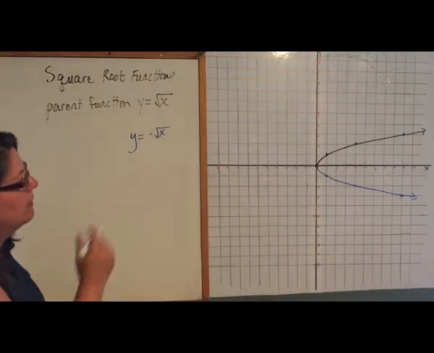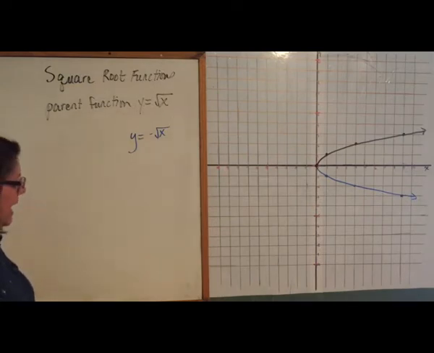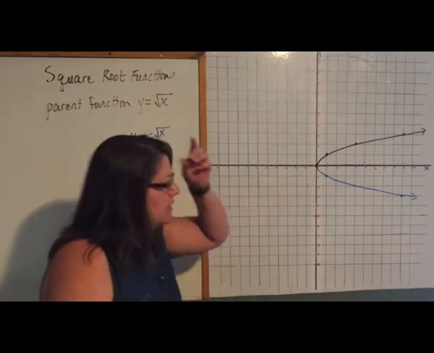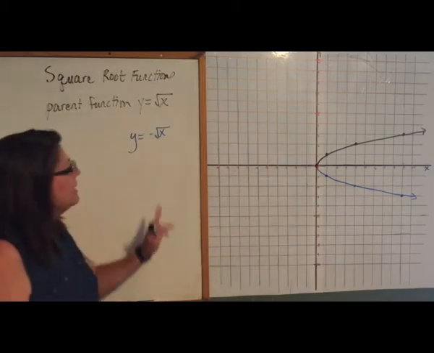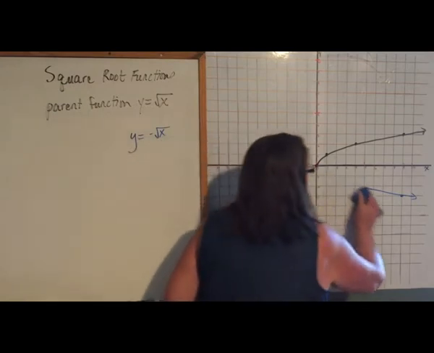Okay, so that's what happens when we have a negative in front. Now, we also talked about what would happen if we change where the starting point of that function is. So a negative in front is going to reflect it across the x-axis.